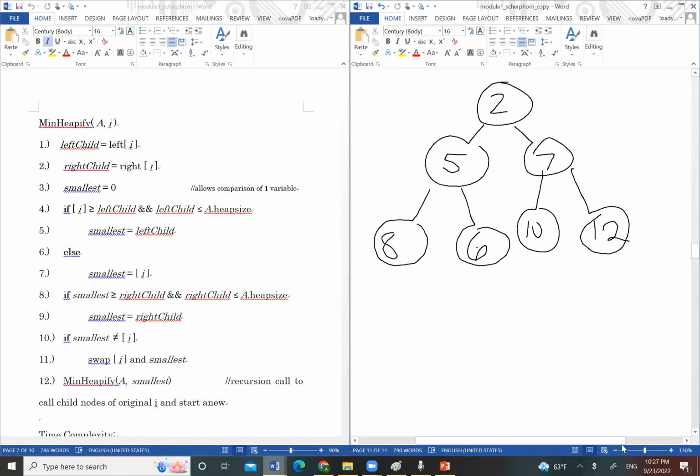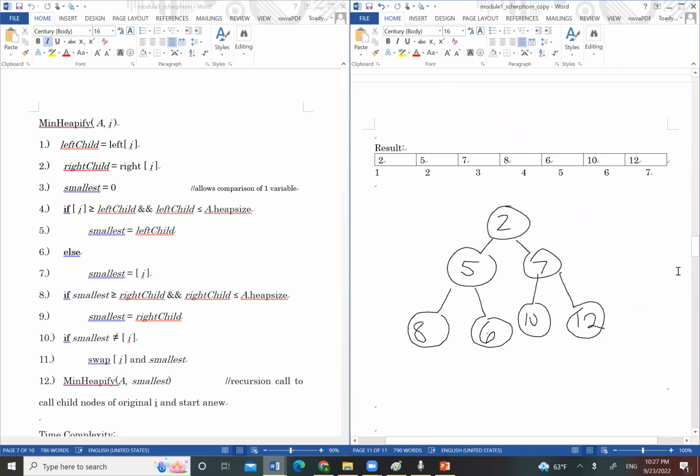Here it is. It will become this. So the first will be 2, because it's a min heap. It should be the smallest one up top, especially as a root. Then 5, 7, 8, 6, 10, and 12.